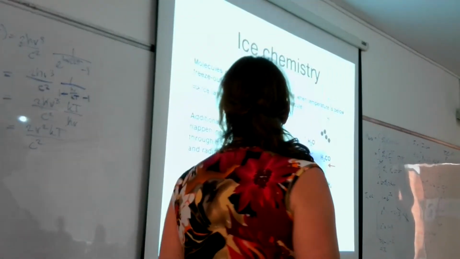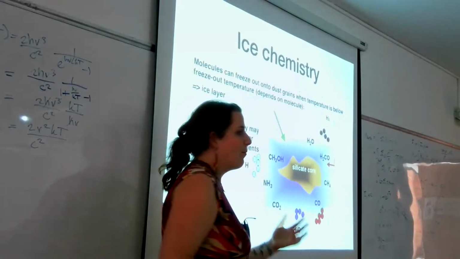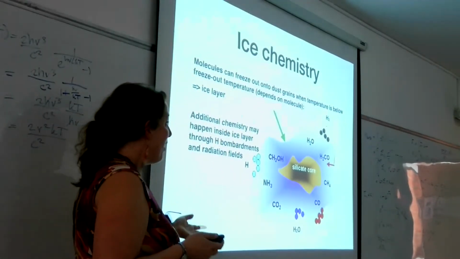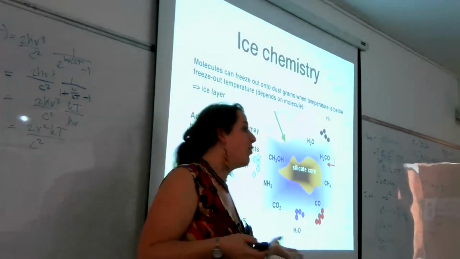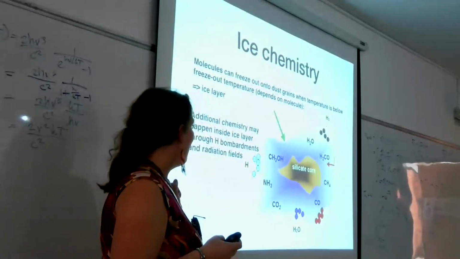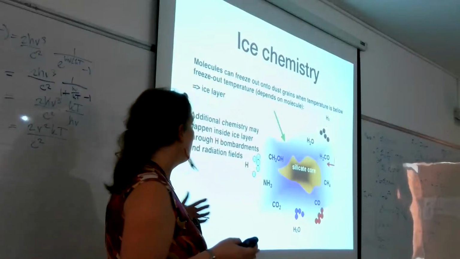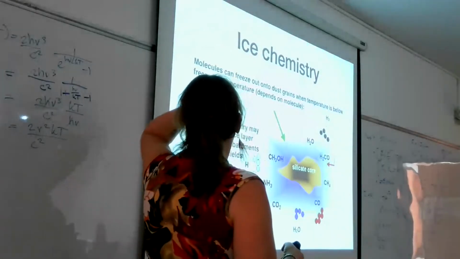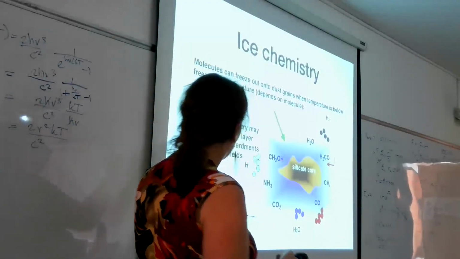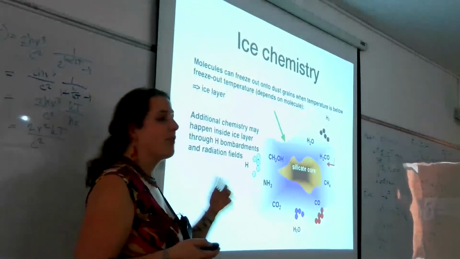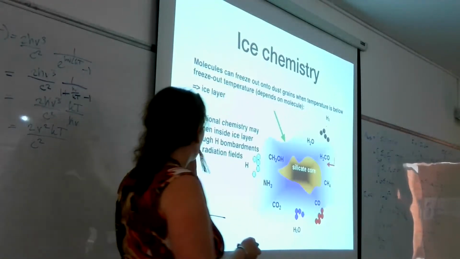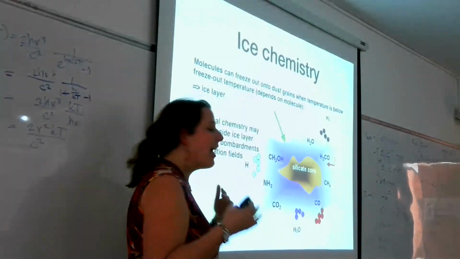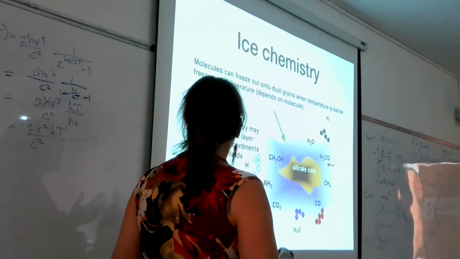Okay, then switching to some more chemical properties. I've already mentioned several times that molecules can freeze out onto dust grains. I'm mostly talking about CO, but of course this applies to any molecule that freezes out onto dust grains. Molecules freeze out whenever the temperature is below the freeze out temperature of that specific molecule, and that means that you can get really complex icy layers on these dust grains.